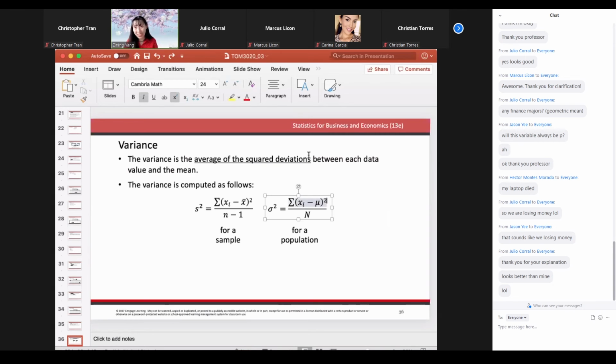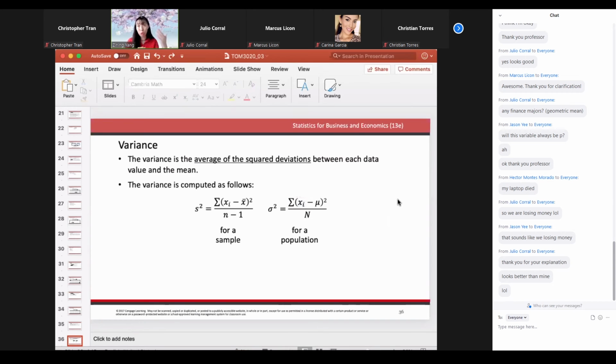Square of what? Squared deviation between each data point and the mean. This is exactly what I said, right? Map each person to the mean. So that's why we're doing xi minus mu, right? Mu is the standard, and we see how far x is away from the mean. Is that 4 points, 8 points, 0 points, or 4 points on the other side? That's the deviation.